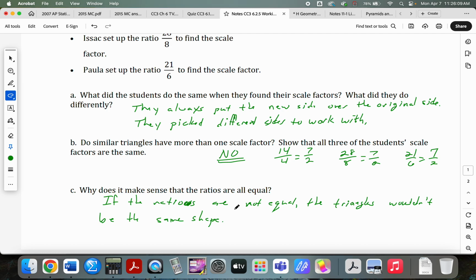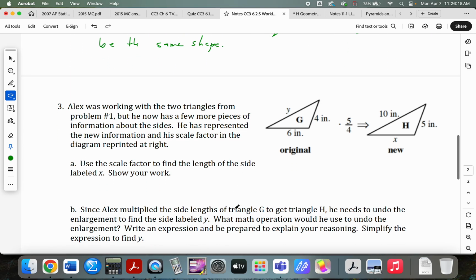All right. If the scale factor is different, then we're going to start changing the angles, aren't we? All right. Well, now on to the back.